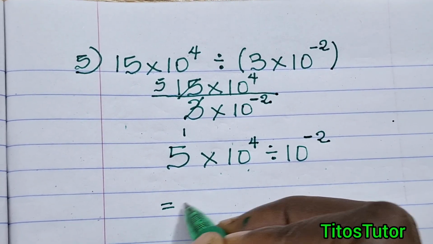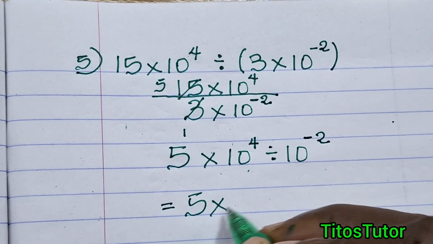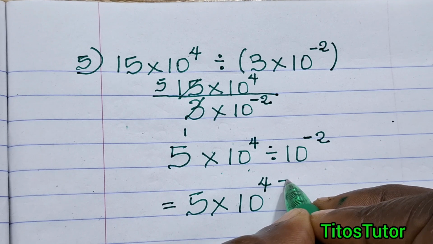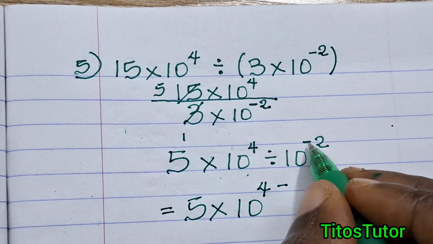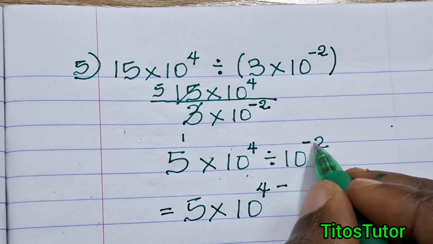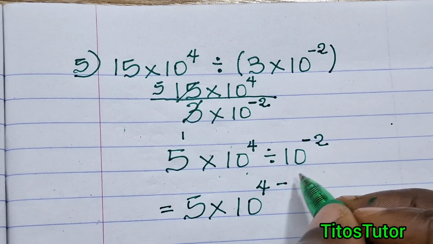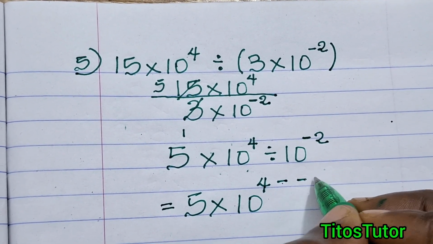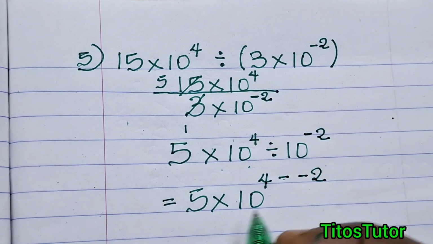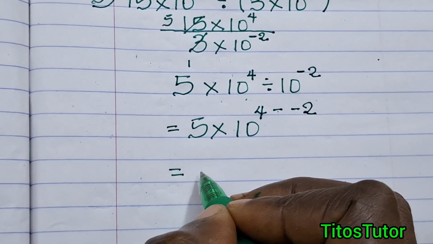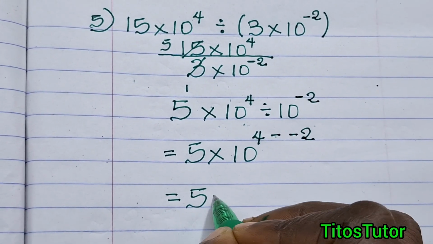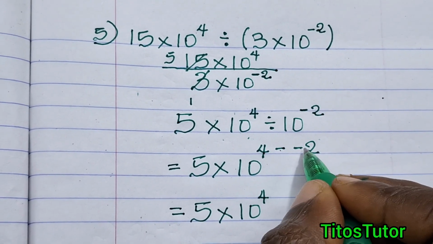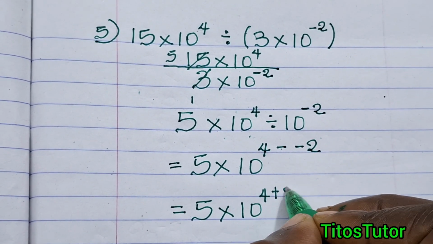So here I have 5 times, choose one of the bases and subtract their powers. You are subtracting, but what you're subtracting from 4 has a negative, so it's a double negative. So it's 4 minus negative 2. And you know that will give you 5 times 10 raised to the power of 4, negative times negative is positive, plus 2.